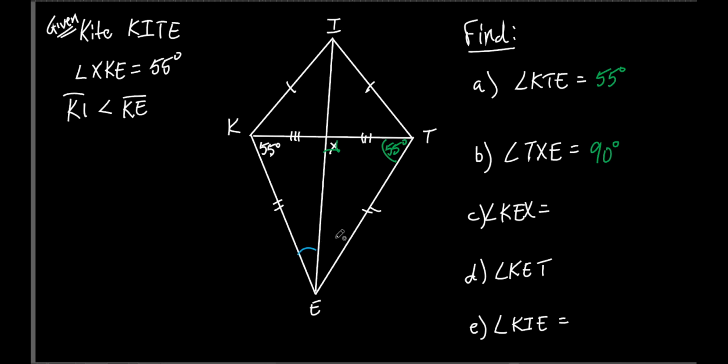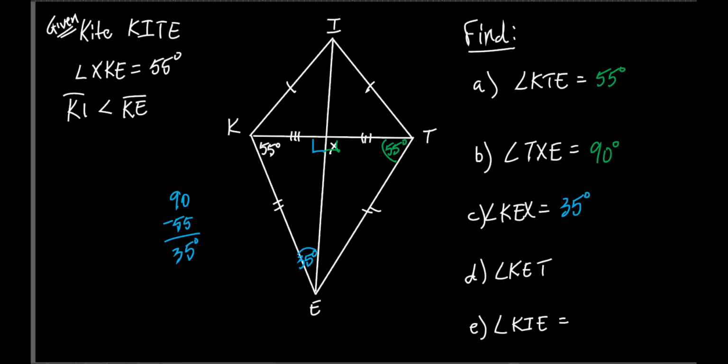They don't even tell you that whole big angle E. If they told you that, I could just split it in half and get that, couldn't I? But they don't. But you do have a triangle here. You have a right triangle. So what would I do to get that third angle? Yeah, it's 90 minus 55. And what's that? 35? All right, so that angle is 35 degrees.